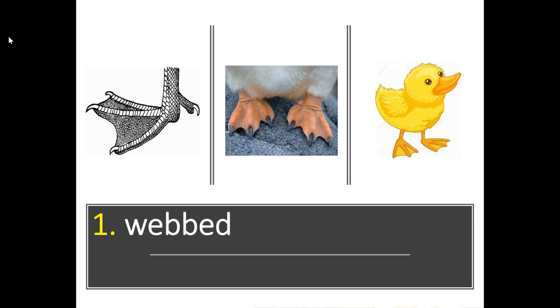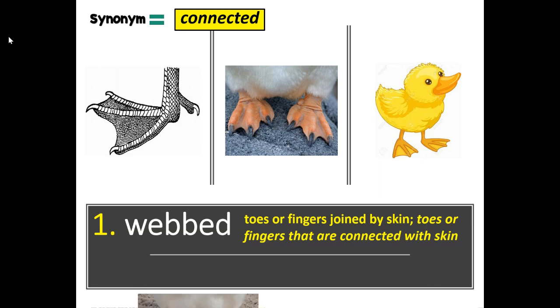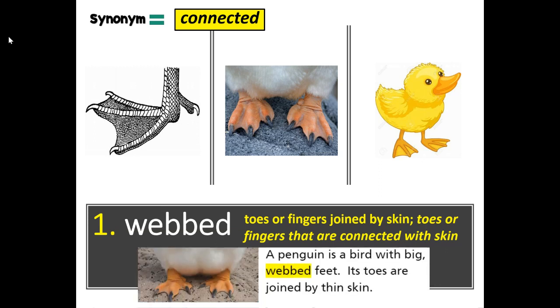Webbed. What does webbed mean? Toes or fingers joined by skin. Toes or fingers that are connected with skin, webbed. So a synonym or a word that means the same could be connected. Webbed is the same as connected, connected by skin.